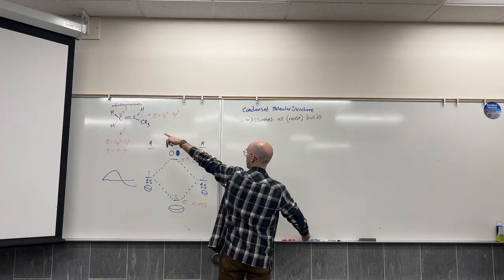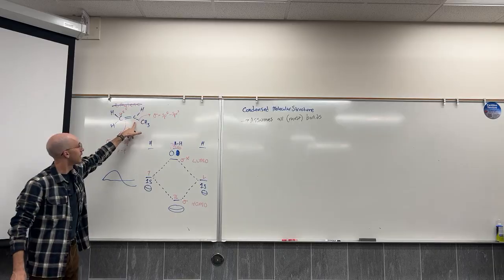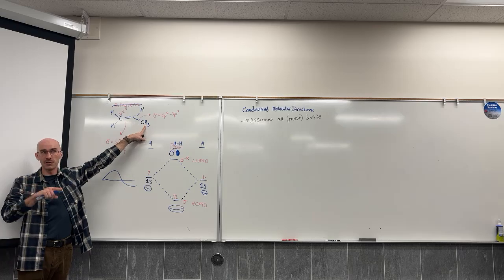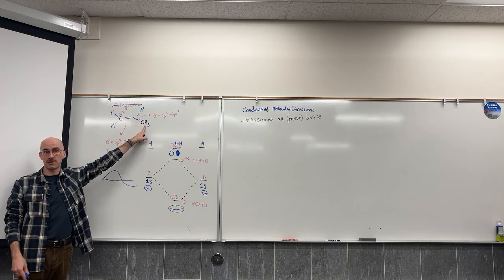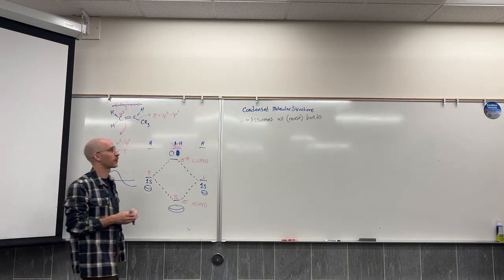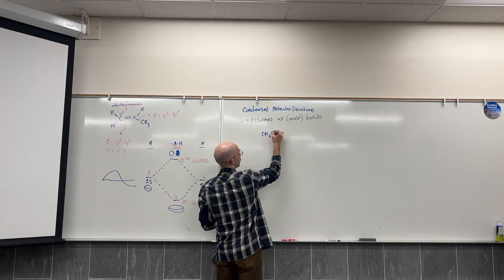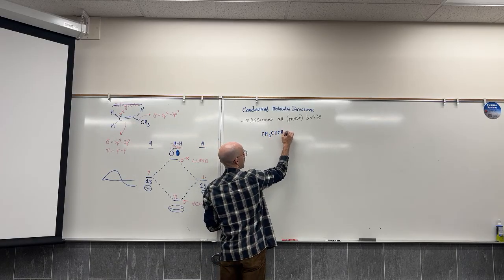For example, I had this molecule up here. Now this molecule already had a little bit of condensed molecular structure because I assumed all of those bonds in the CH3. But I could condense this further, and I could write this as CH2, CH, CH3.